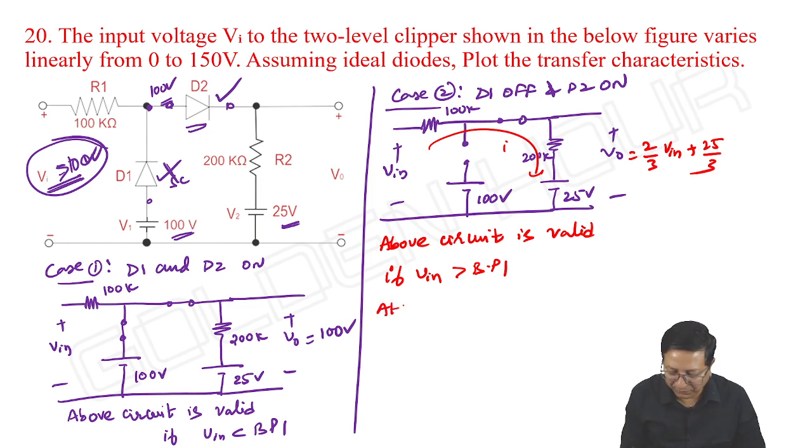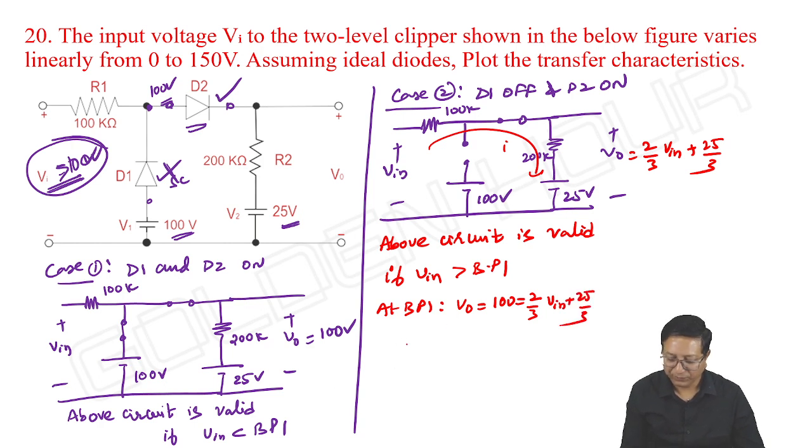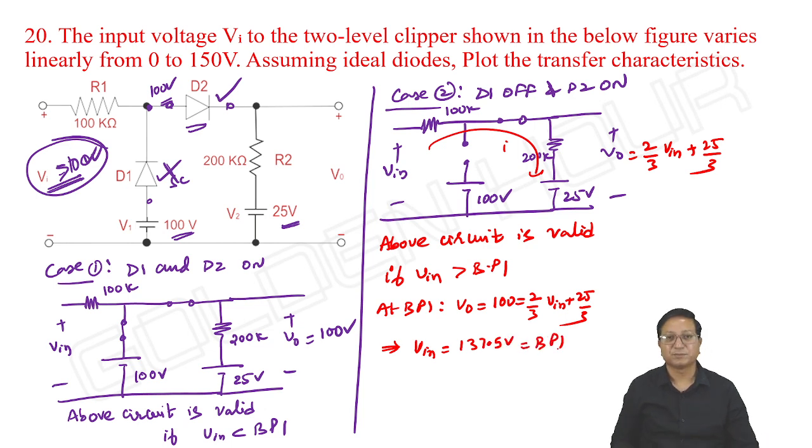That's it. So at breakpoint 1, output is equal to 100, also equal to 2 by 3 V input plus 25 by 3. This implies input is equal to 137.5 volts, which is our breakpoint. Is there any other case possible?